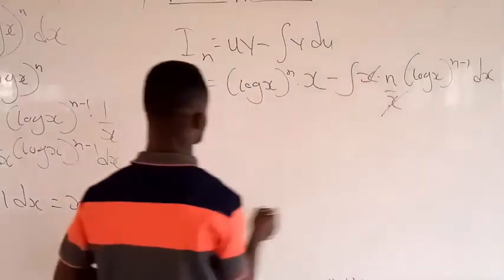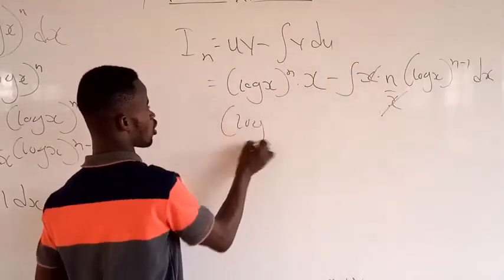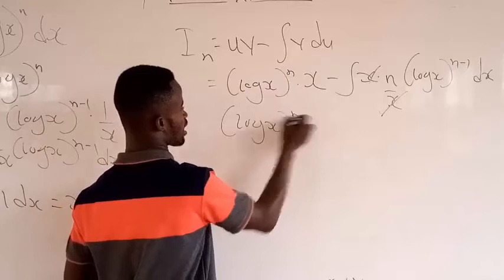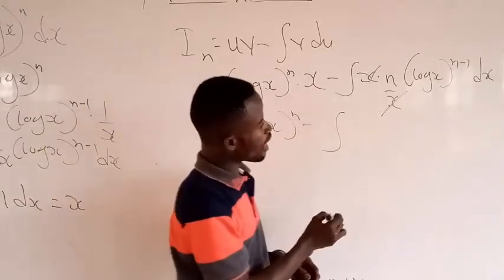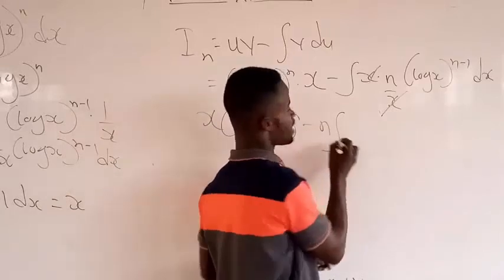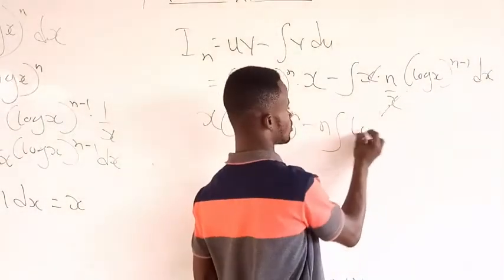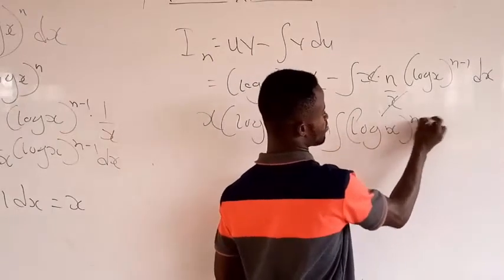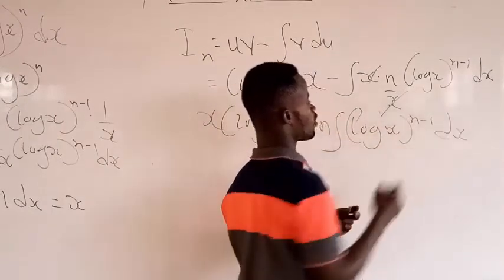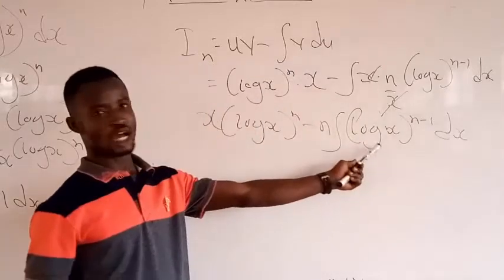This cancels this. We have (log x)^n times x minus the integral. The n is a constant. (log x) to the power n minus 1 dx.